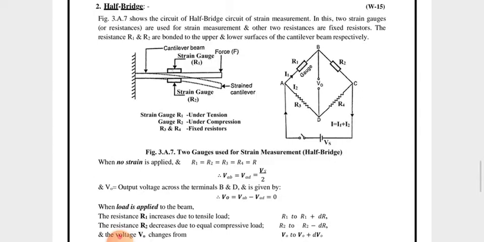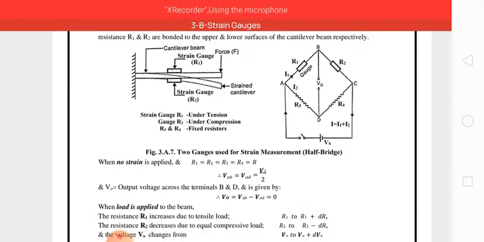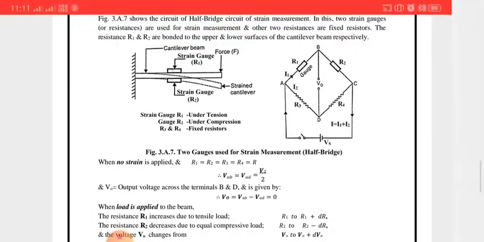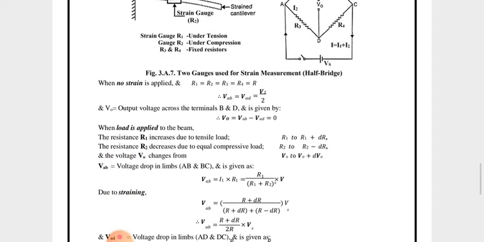Okay, when we apply the load to the beam, the resistance R1 increased due to tensile load, that is R1 to R1 plus dR, and the resistance R2 decreased due to equal compressive load, that is R2 to R2 minus dR. The voltage VO changes from VO to VO plus dVO.